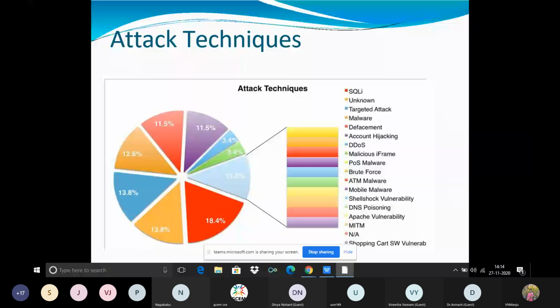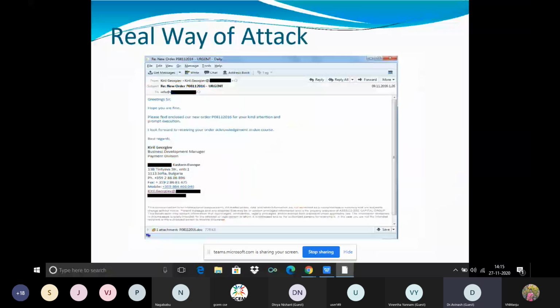Another type of attack which is shown in front of you is a typical email message, and it is normally a real way of attack which happens when attackers try to put some kind of information in our mail. Here you can see that a particular person is trying to attack the email content from the receiver to the sender.